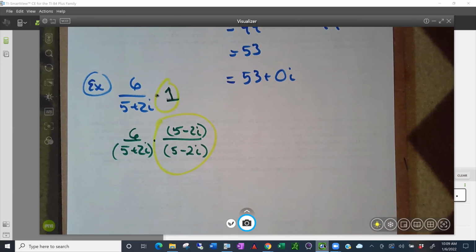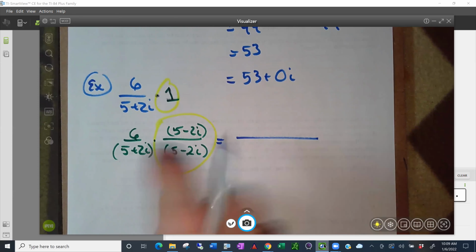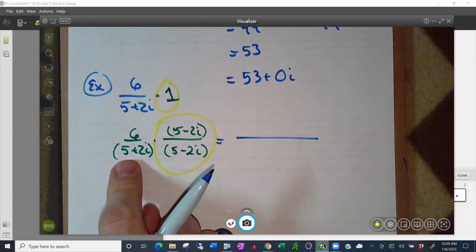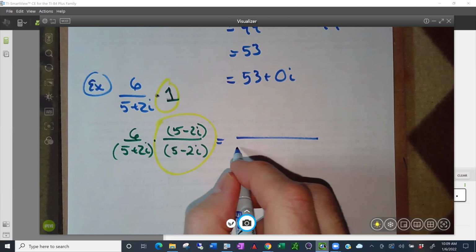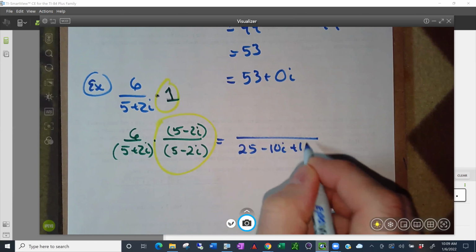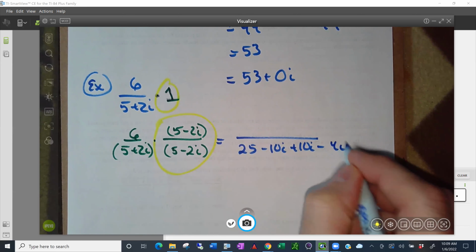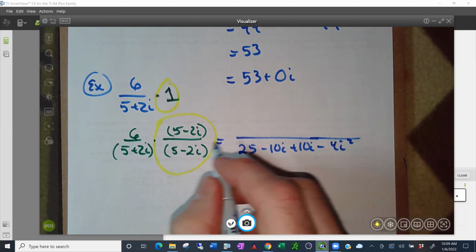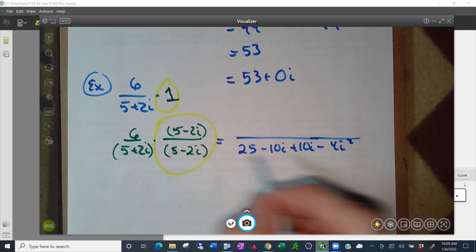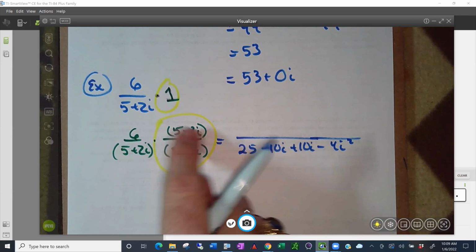Let's see what happens when I do this multiplication. Now, in the denominator, this is just more practice with multiplying complex numbers. So it's 25 minus 10i plus 10i minus 4i squared. In the numerator, well, I'm pretty sure that I'm not going to get any cancellation with the denominator, so I'll go ahead and distribute this.